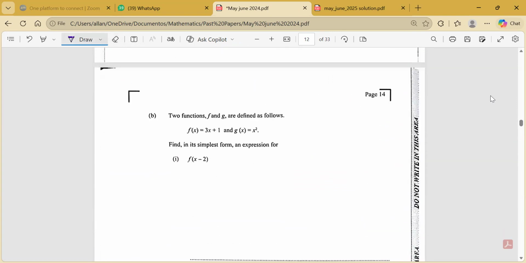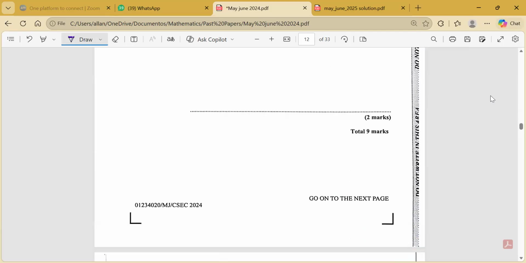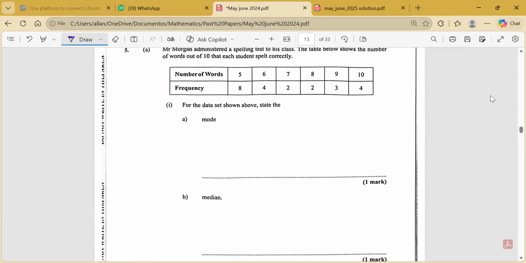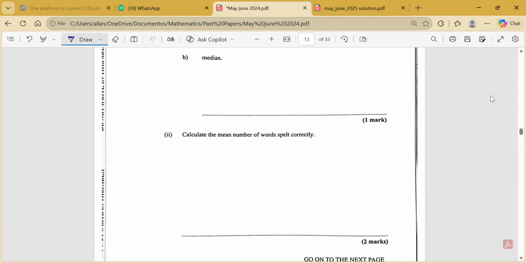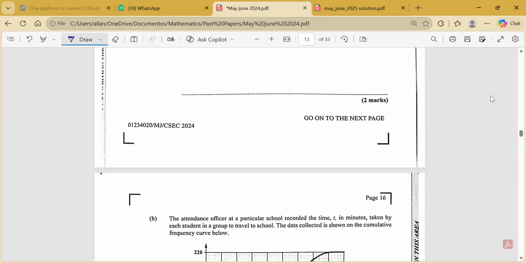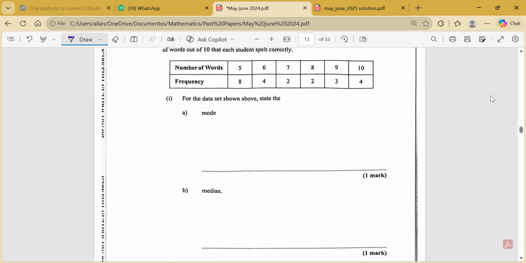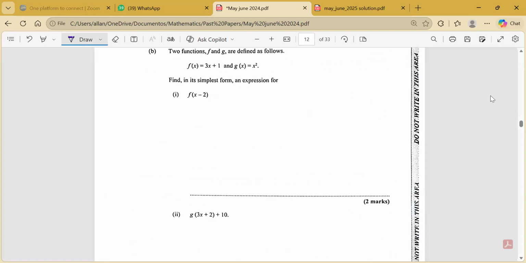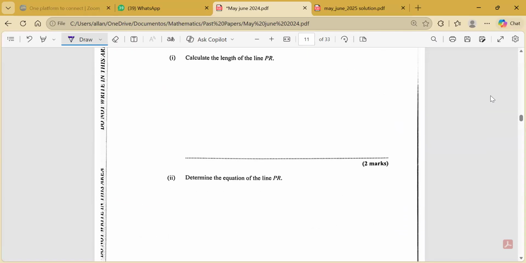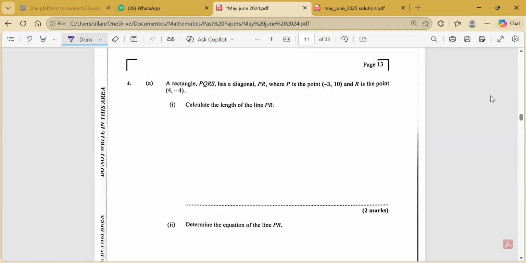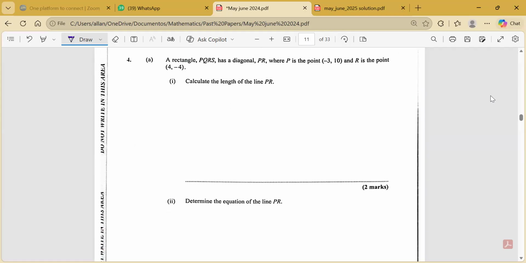Equation of a line, functions, and then we have some mode, median, mean to do. Same thing as before. Every year they bring in the same thing. All right, people, I'm really tired, but I'm forcing it through now. All right, so let's go.